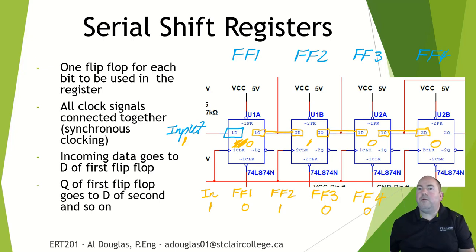So at the time when we get our clock signal, what happens when we get the clock signal? So we clock, and what happens is this is going to move into here.